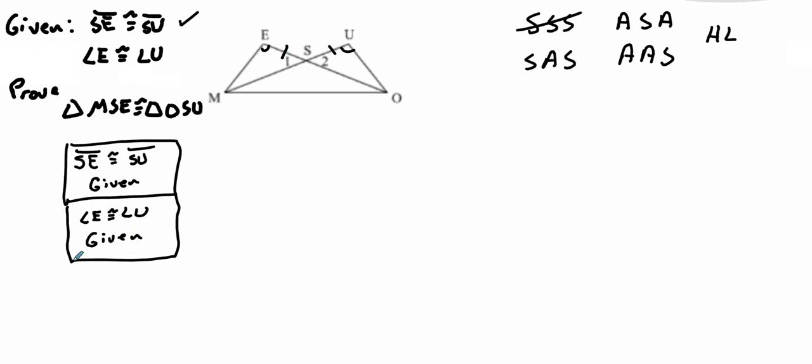And then the third one, as it was in the last one, we kind of have to figure out on our own. So we're looking at this and saying, okay, angle 1 and angle 2, they just made those easier to label by numbering them. I know that angle 1 is congruent to angle 2. Well, how do I know that? They're vertical angles.